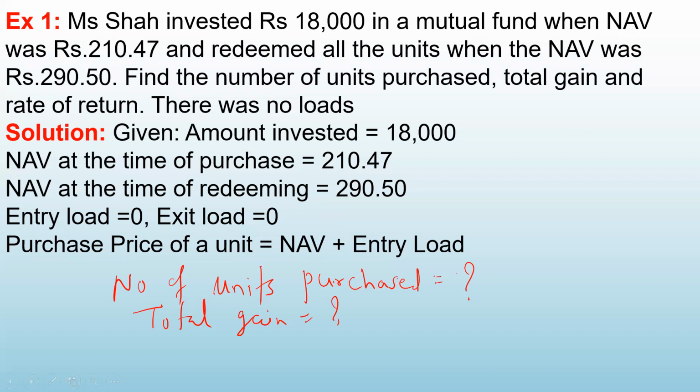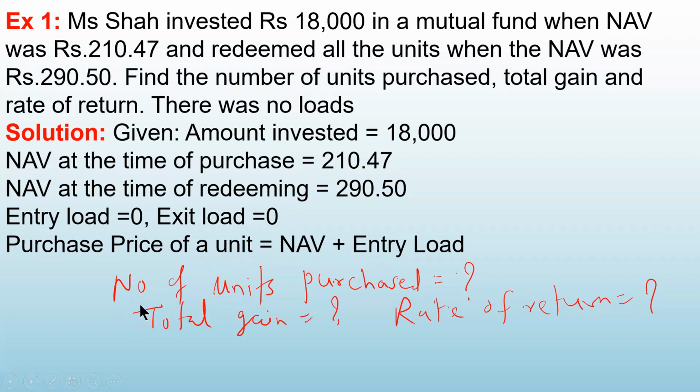And what else? Rate of return. So these three things we have to find out in this problem. What other information is given to you? There was no loads, meaning there is no entry load and no exit load. So I've written here, entry load is 0 and exit load is also 0.